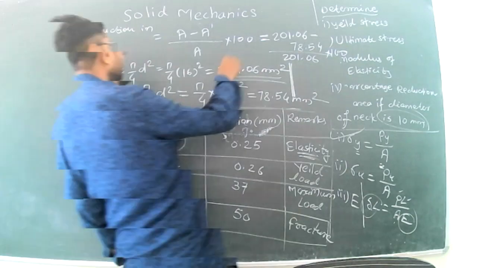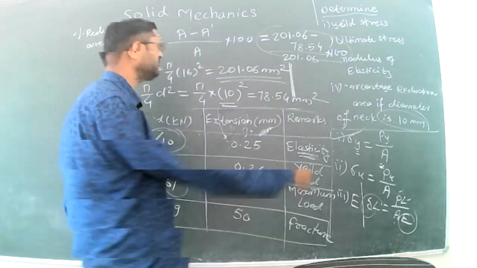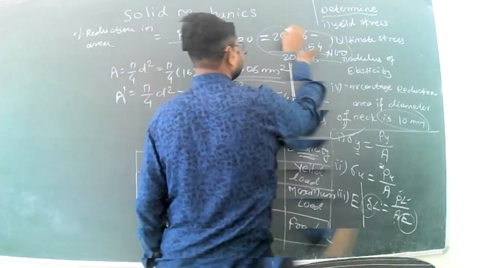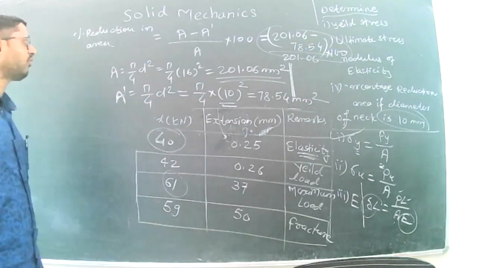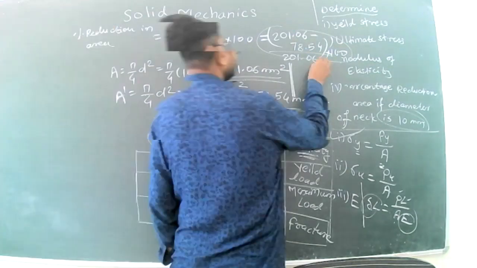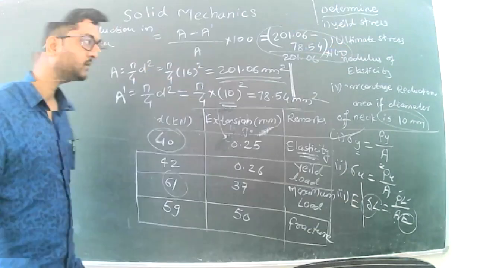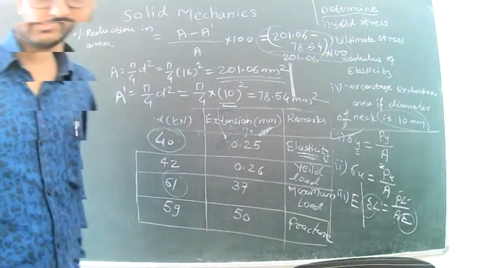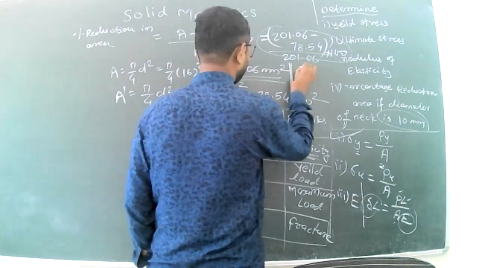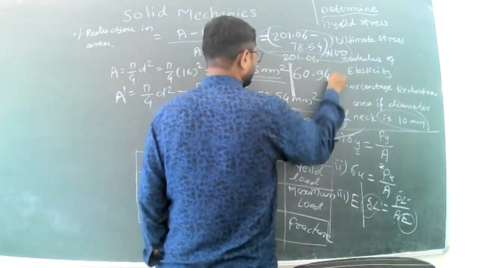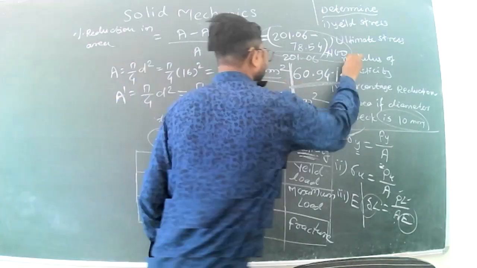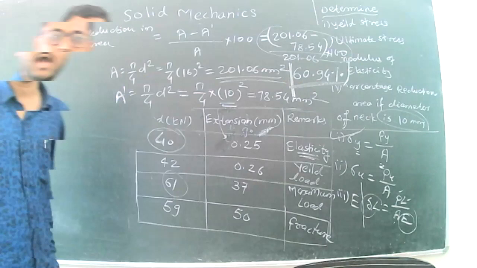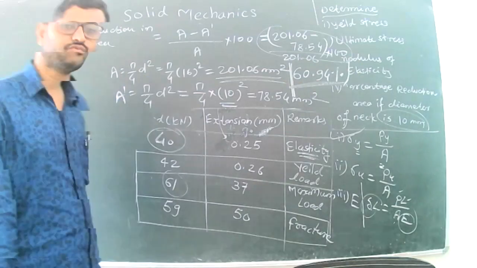By calculation, percentage reduction in area is 60.94 percent. The fourth unknown is percentage reduction in area, and we find it as 60.94 percent.